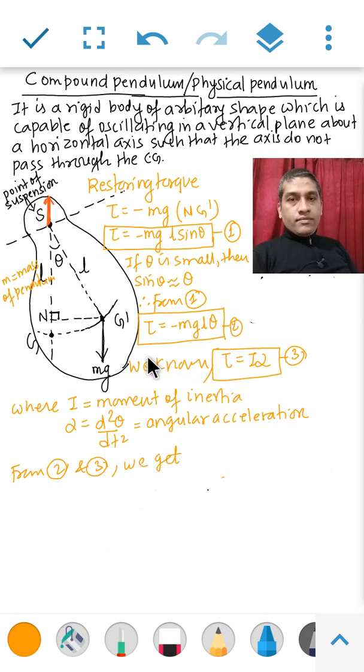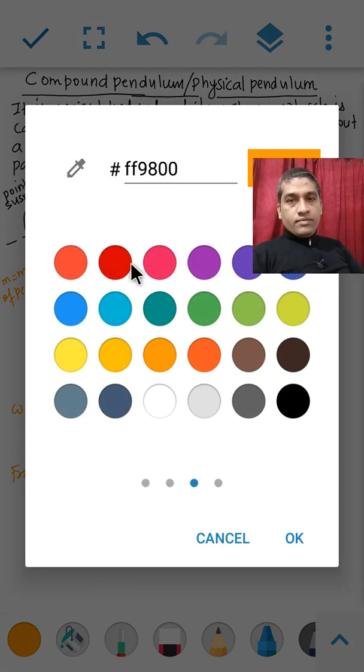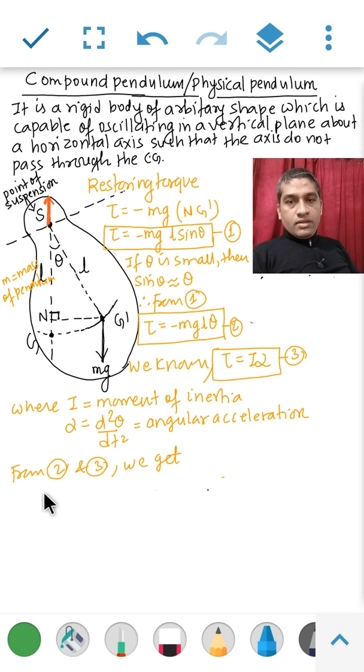I alpha equals minus mgl theta. So I times d square theta by dt square equals minus mgl theta.